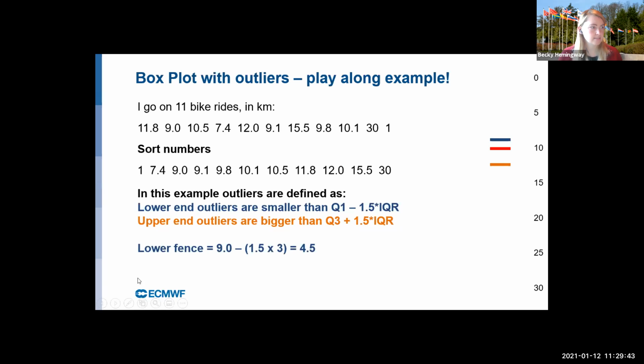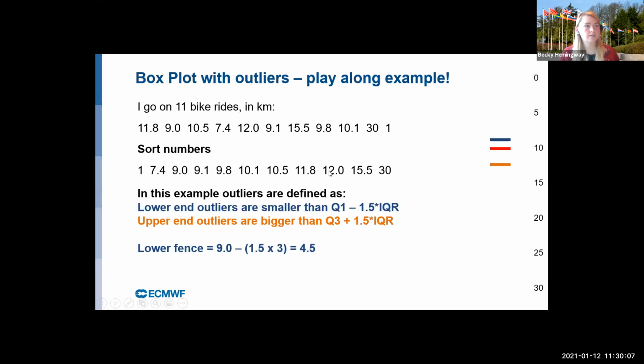In this case, we call it our lower fence. Anything smaller than this is an outlier. So our lower fence here is our quartile 1, which is 9. We minus 1.5 times our interquartile range, which is 3. And that gives us an answer of anything lower than 4.5 is an outlier.